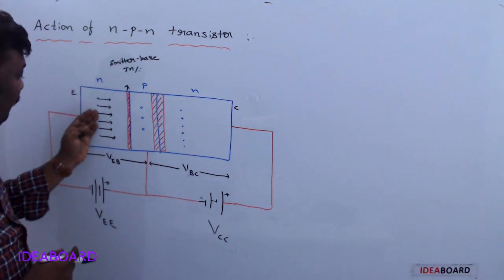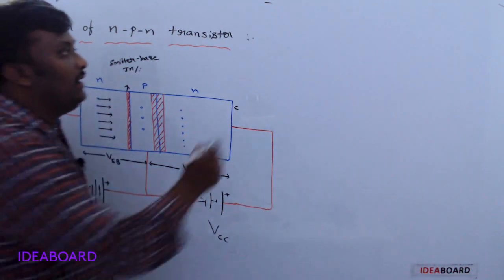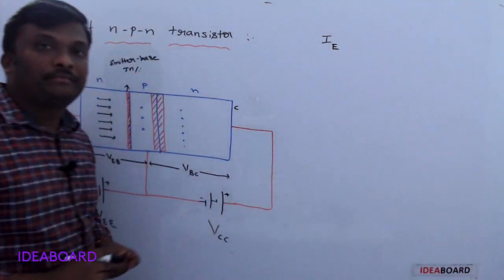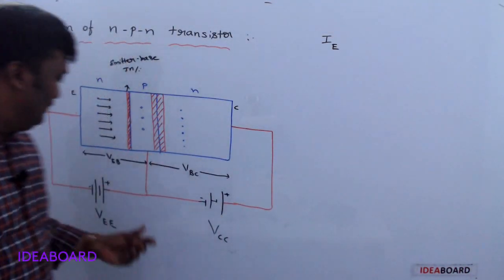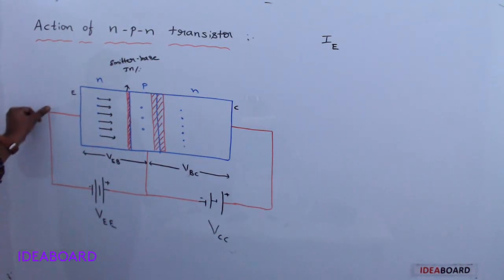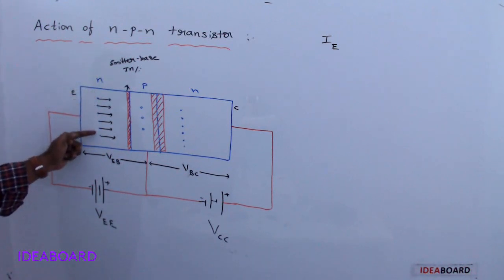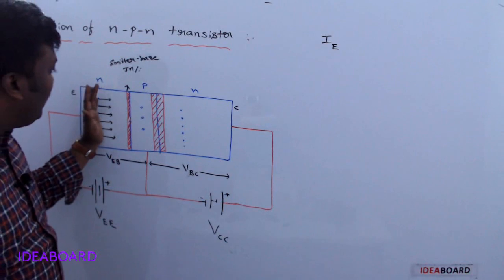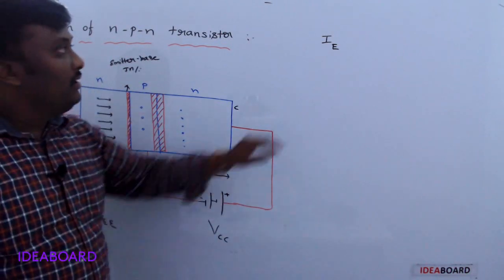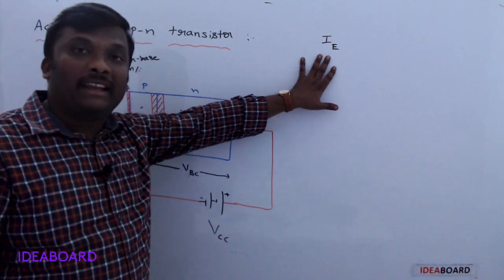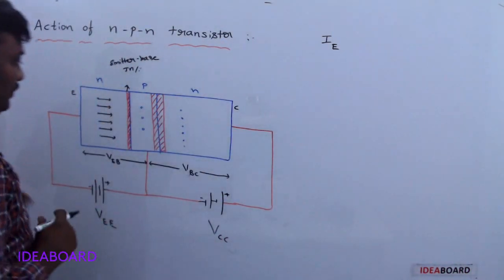Whenever there is a flow of electrons, it constitutes the emitter current IE. The negative polarity of the battery VEE repels the electrons in the emitter region, so these electrons move towards the junction.